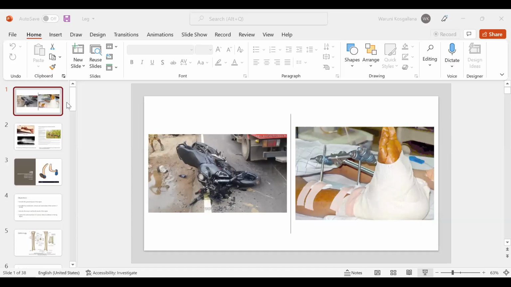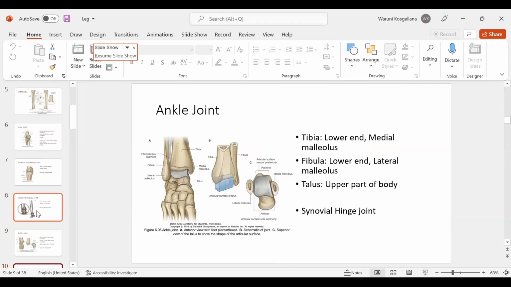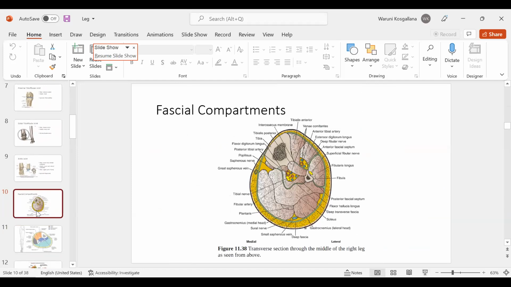Then about the anterior compartment syndrome. So I think you remember about the compartment syndrome in the forearm. I hope you remember.